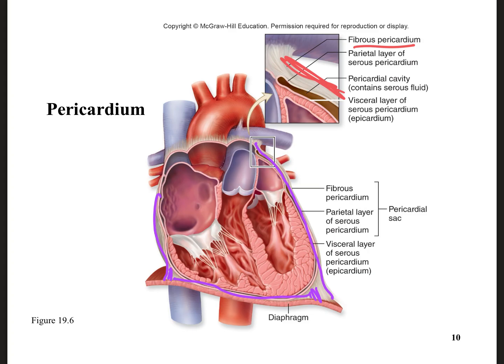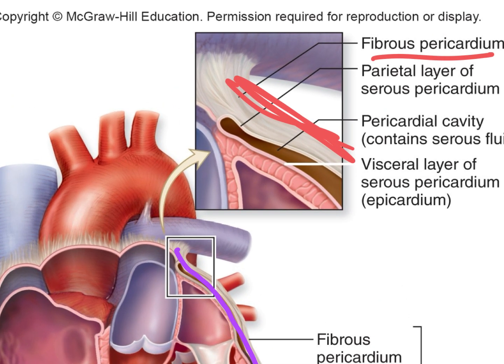Okay? The serous layers produce serous fluid, which allows for the heart to beat and helps to reduce friction along the place where the heart's moving. Okay? So for that, you can see this, you have the parietal layer of the serous. That covers, actually I'll do it in a different color here.